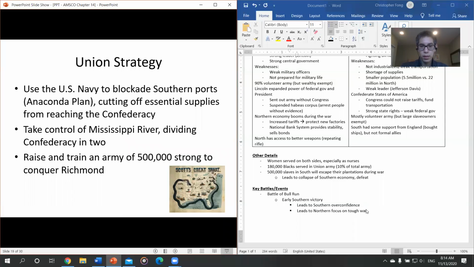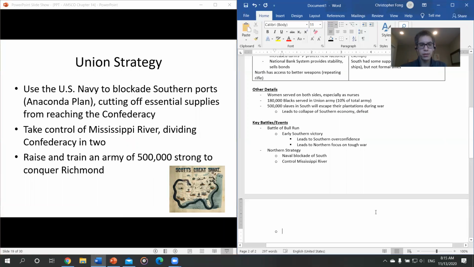So let's say here, the Northern strategy was to do a naval blockade of the South, to control the Mississippi River, and then again to send a 500,000 strong army to conquer the capital, which was Richmond, Virginia.